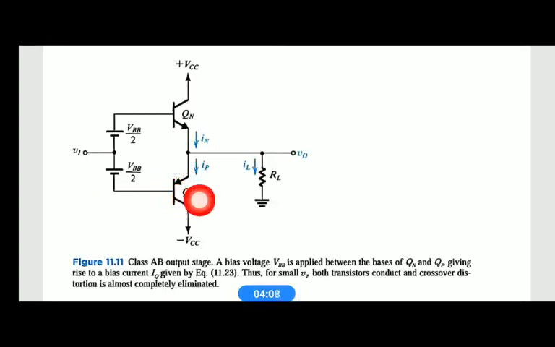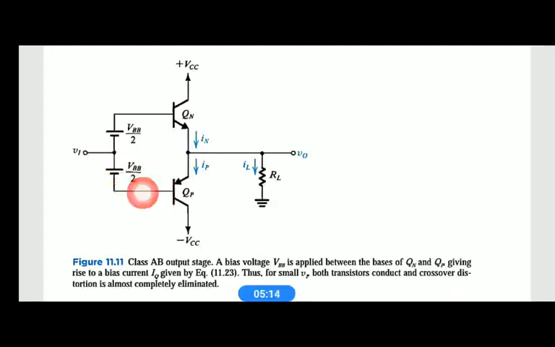So therefore here you can see clearly when the input voltage is between 0 to approximately VBB by 2, means 0 to 0.5 volt, VBB by 2 makes the transistor QN conduct, and when input voltage is between 0 to minus 0.5 volt, minus VBB by 2 keeps the transistor QP on, below minus 0.5 volt of applied input, right?